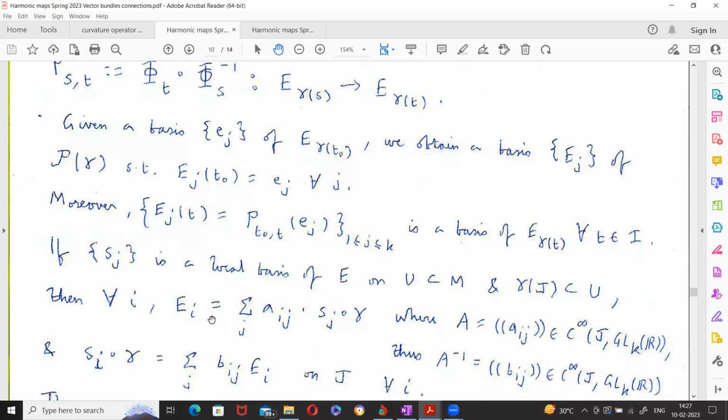So each E_i I can write as a linear combination of the S_j composed with gamma, with some smooth functions A_ij of t. So E_i is the sum over j of A_ij times S_j composed with gamma, where this matrix A_ij is a smooth matrix valued function from the interval J. J is a subinterval of I as usual, so that the image of J under gamma is contained in a chart where we have a trivialization.